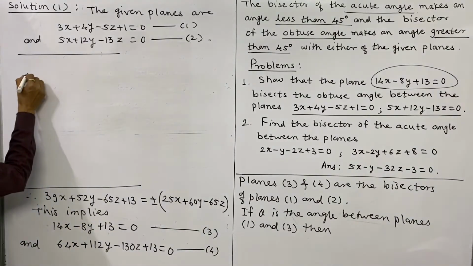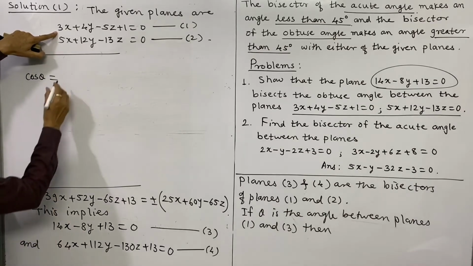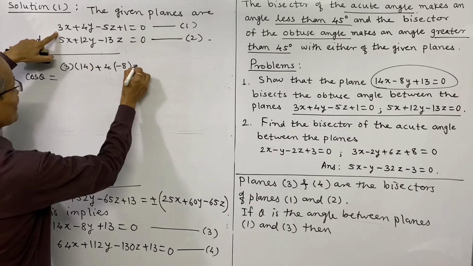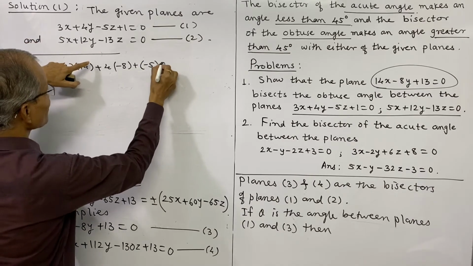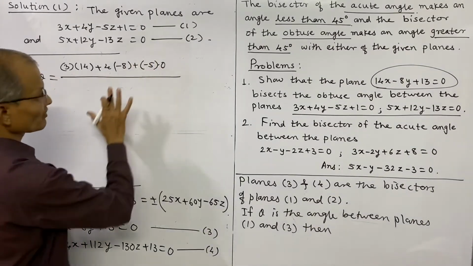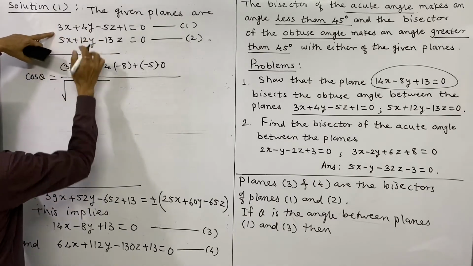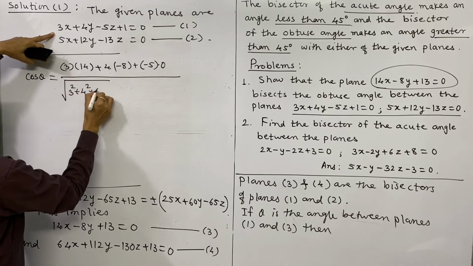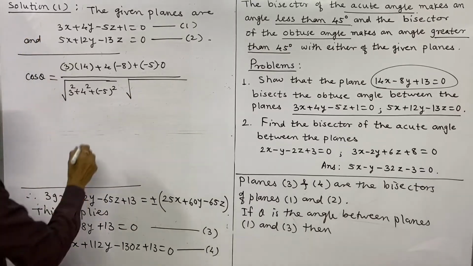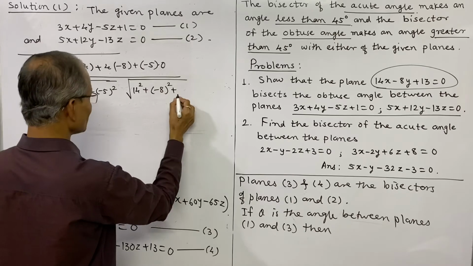Then we have cos of theta equal to 3 into 14 plus 4 into minus 8 plus minus 5 into, there is no term of z here, divided by under root of 3 square plus 4 square plus minus 5 square, and 14 square plus minus 8 square plus 0 square.